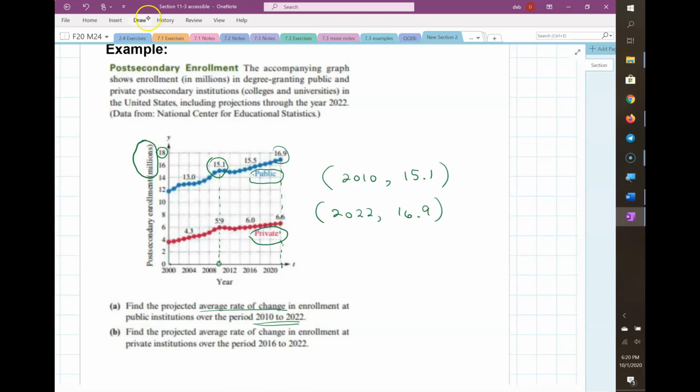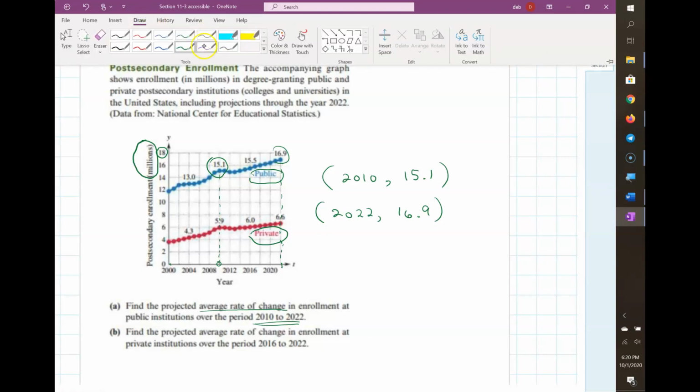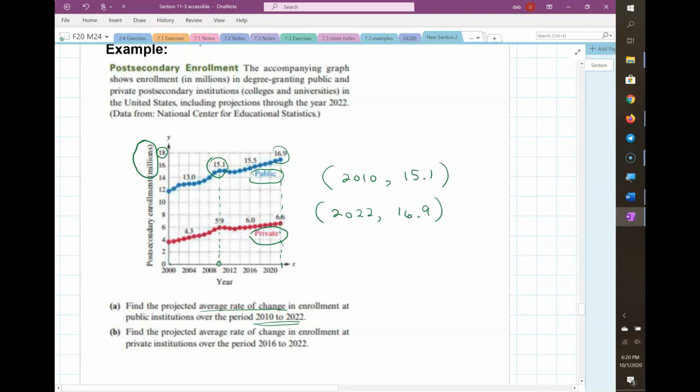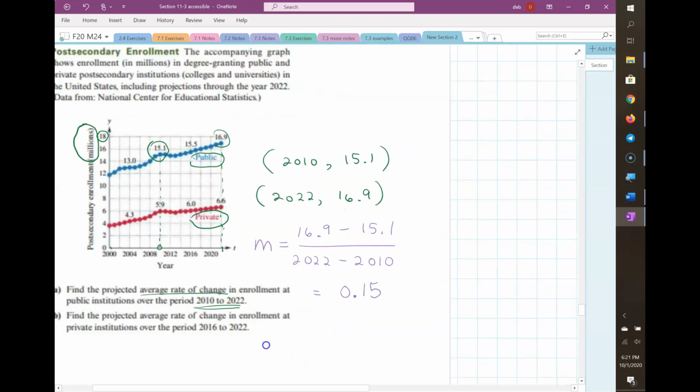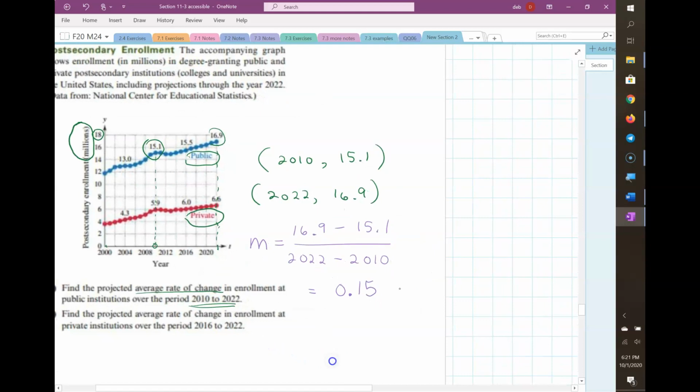That's really a guess, but it's an estimate based on modeling. So I want to know the slope, second y minus first y over second x minus first x. And I get 0.15.